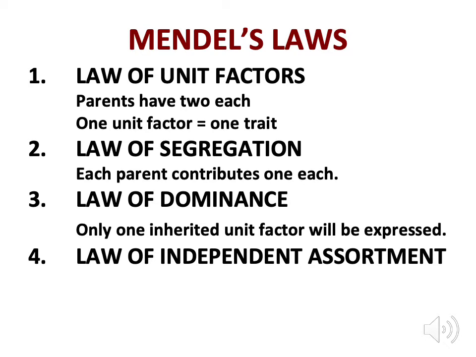Well, the only explanation I have is perhaps in his garden peas, those traits he was looking at, flower color, seed shape, seed color, plant height, those different traits may have actually been located on different chromosomes.